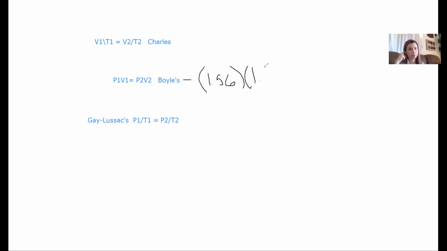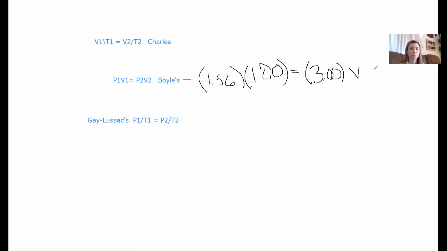It doesn't matter which order you do multiplication in, you know that. Then it says, what will be the volume of the gas if the pressure becomes 3 atmospheres? So on this side, we're going to have 3 atmospheres. And we're going to solve for the volume. So we are solving for V2.